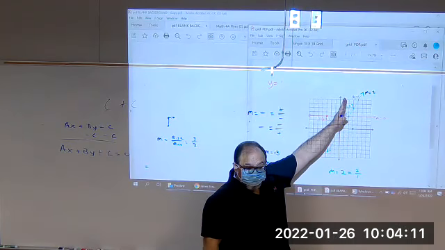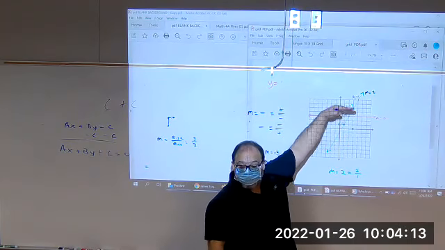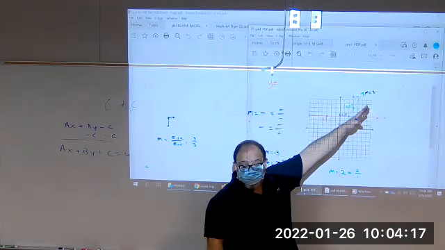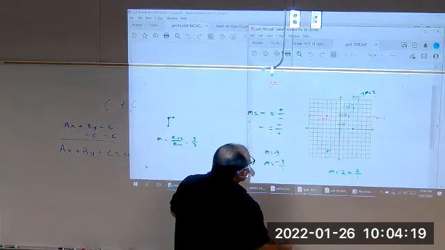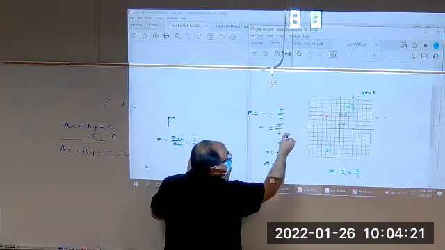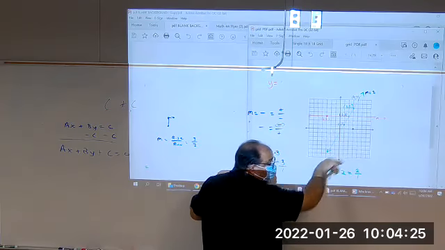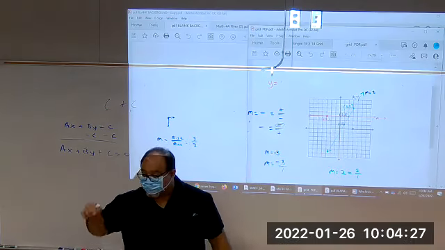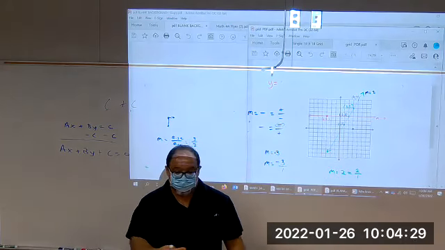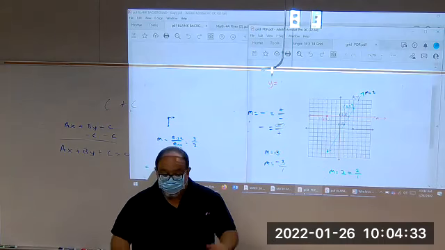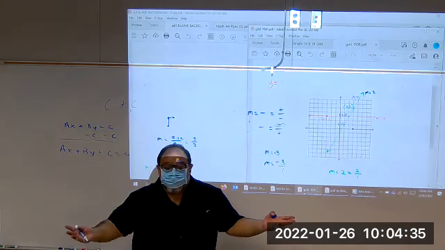When the slope is positive, you're going to go up and right. If the slope is negative, I prefer to put the negative in the numerator, so then I'm going to go down and right. I'm always going to go to the right. My denominator, my run, is always going to go to the right. That's just what I prefer, but it will work out no matter what.